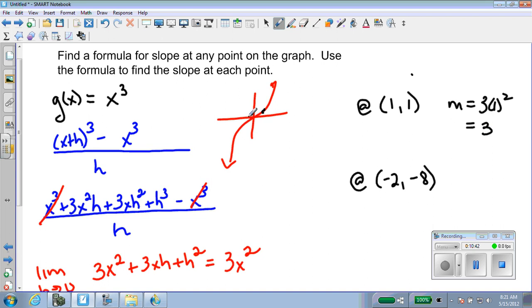And at negative 2, negative 8, we are also expecting a positive slope, but perhaps a steeper positive slope. 3 times negative 2 squared. Negative 2 squared is 4 times 3 is 12, so the slope is 12. Indeed, it is a positive slope.